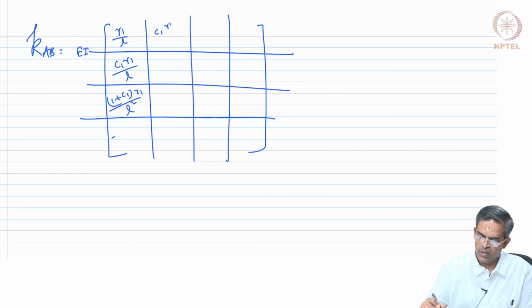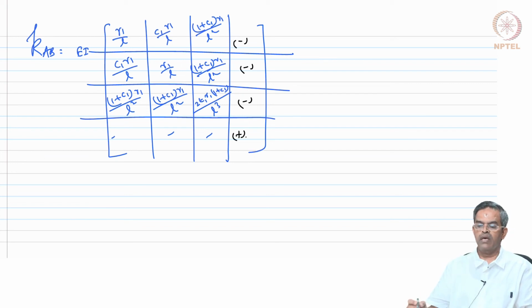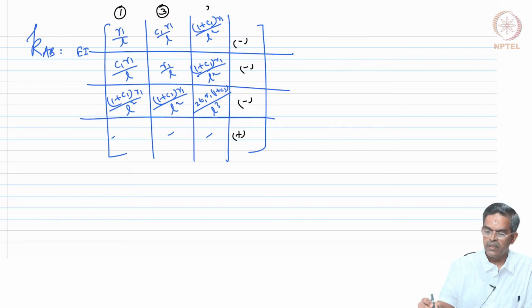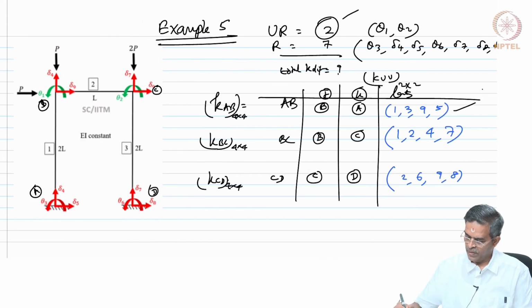So, C1 R1 by L, R1 by L, 1 plus C1 of R1 by L square and minus of this. So, 1 plus C1 R1 by L square, 1 plus C1 R1 by L square, 2 times of T1 R1, 1 plus C1 by L cube minus of this. The fourth column is simply negative of the third column, and the labels are 1, 3, 9, 5. Is it not? 1, 3, 9, 5.